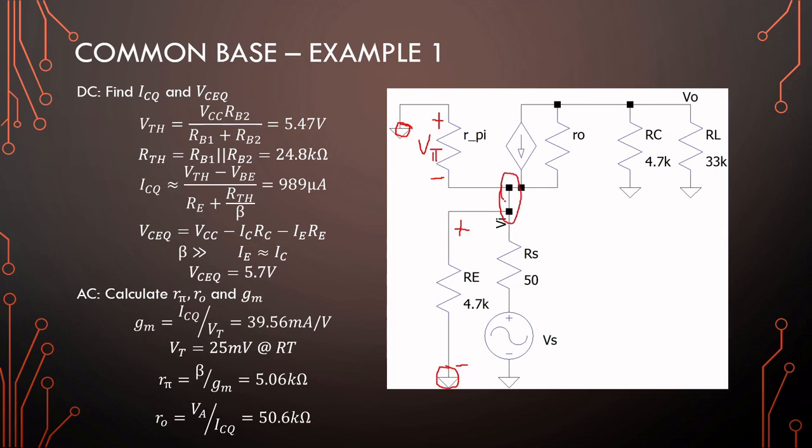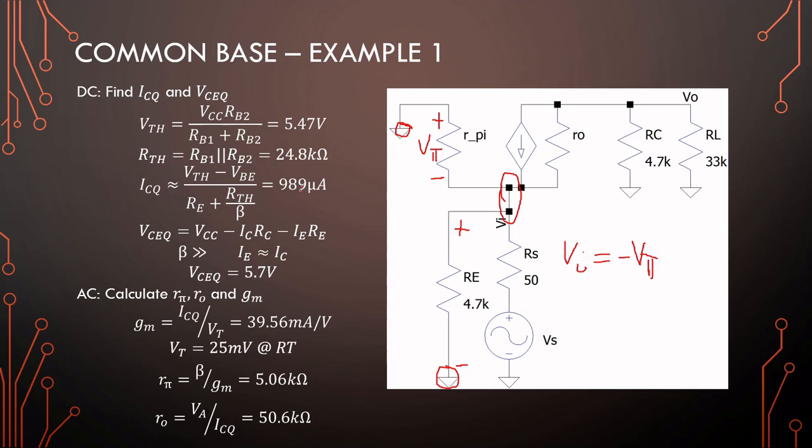And this point here is common. So the first thing that we can see here is that Vin is equal to minus V pi. Okay. The gain of a common base will not be inverted due to this right here. Okay, but I'm getting a bit ahead.